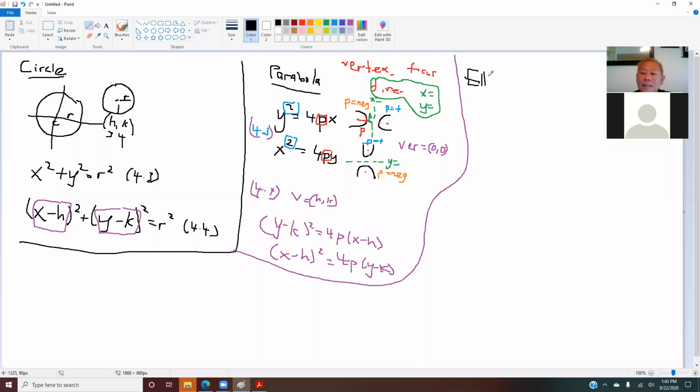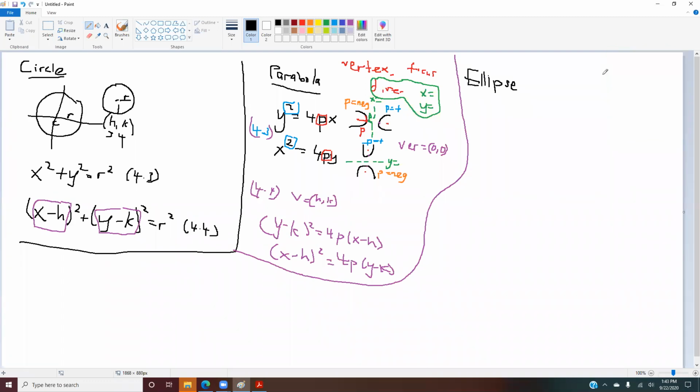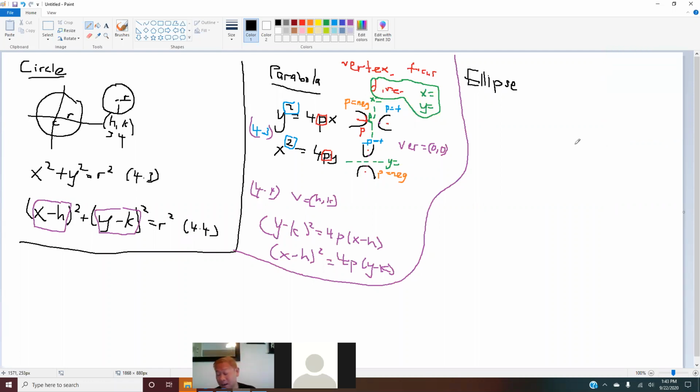So what is the thing about ellipse? Like how the Earth goes around the sun, or any planets go around, is in an elliptical way. So the ellipse is very tricky.